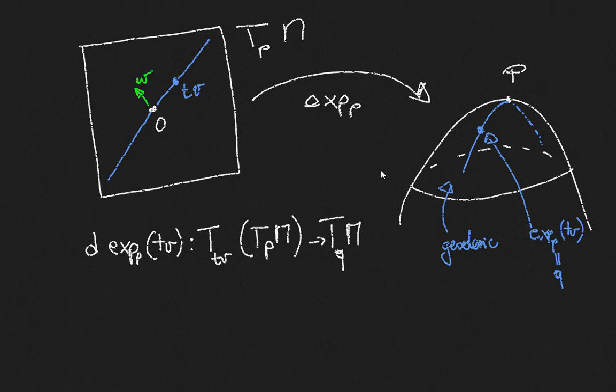Now, there is an easy, TPM is just Rn, so the tangent space to a point of Rn is just Rn in a canonical way.